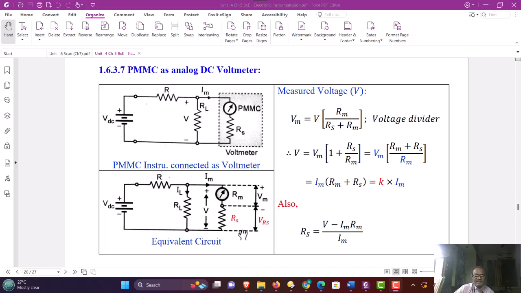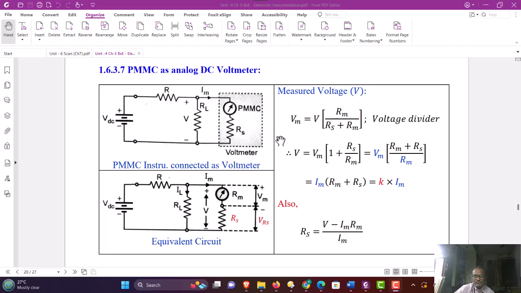Using the voltage division principle, Vm is equal to Rm upon Rs plus Rm into V. Taking V on the left hand side and the remaining term on the right hand side, we get V is equal to Vm into 1 plus Rs by Rm.